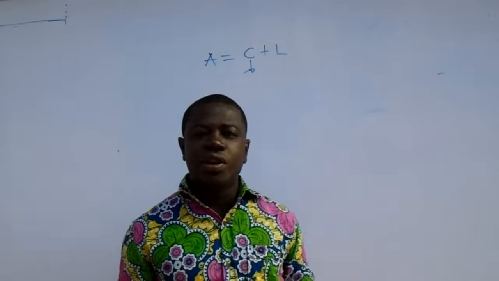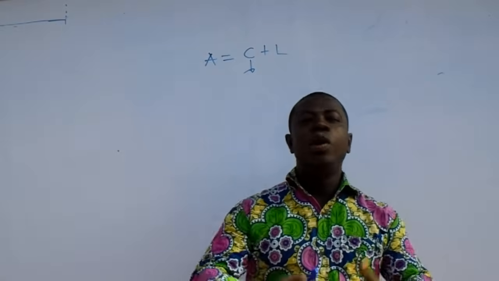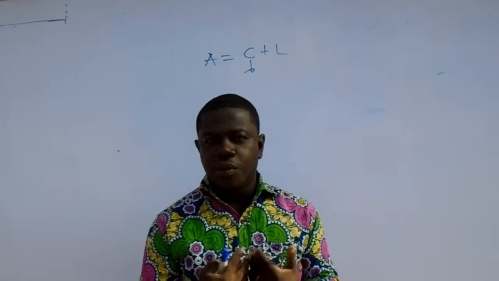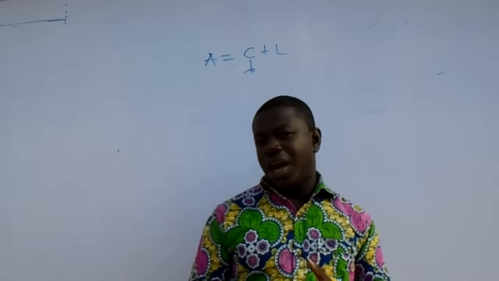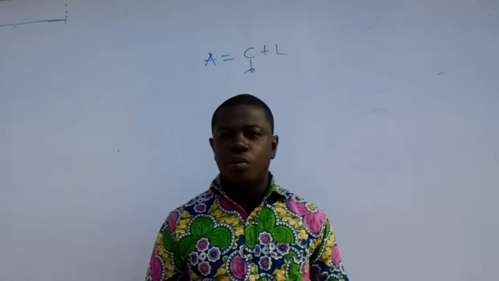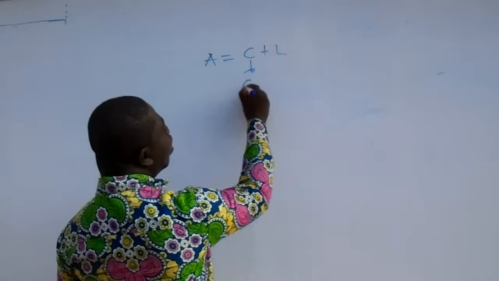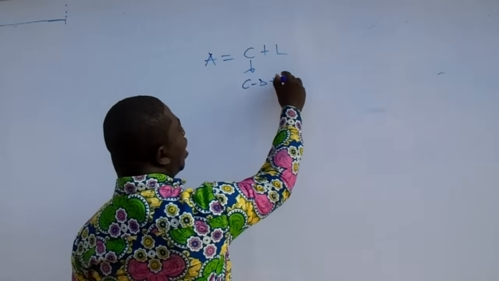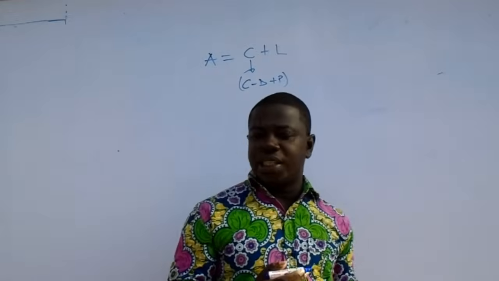When we take a sole trader, what is his equity? He puts in capital, it's only reduced by his drawings, and when he makes profit, he adds it. If he makes a loss, it will be subtracted. That is the dynamics of the equity component of the sole trader. And so this C basically is your capital minus your drawings plus profit as a sole trader. That is, this whole bracket represents the C.